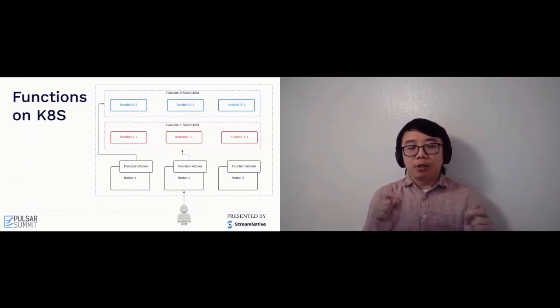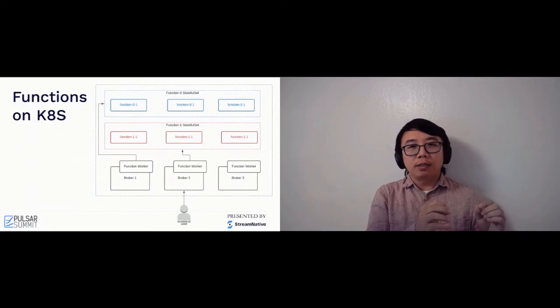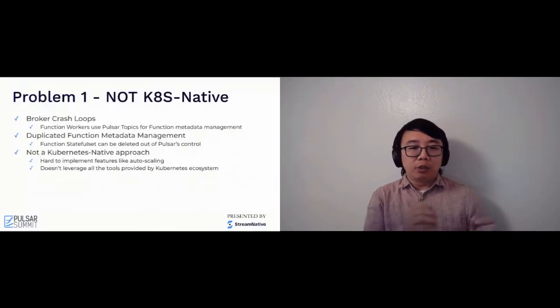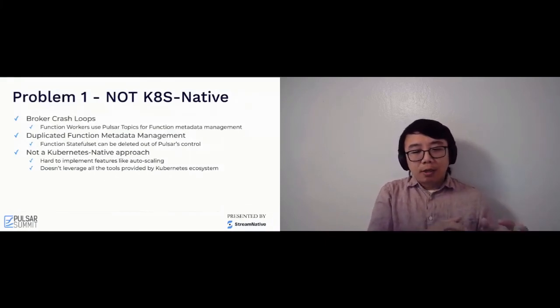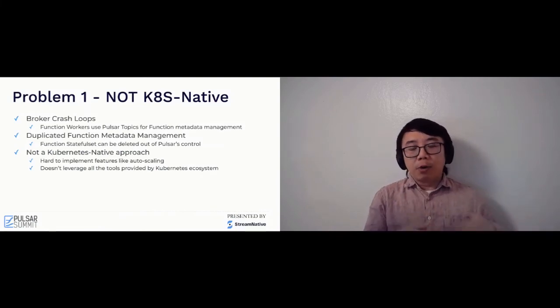The problem of the broker crash loop is a tricky dependency between the function worker and the broker. When you run the function worker as part of the broker, the function worker depends on a certain number of topics for Pulsar Functions metadata management, and that metadata management needs to wait until the topics become ready. But the broker only claims itself to be ready when all the components are started, like the function worker.